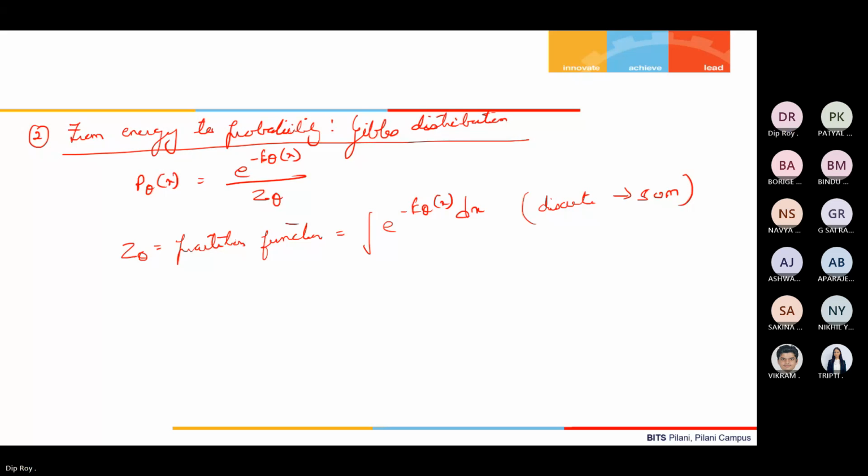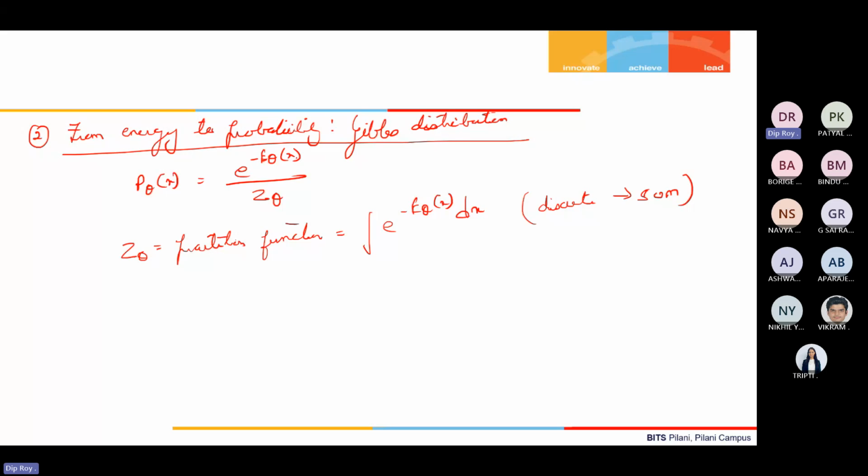A few crucial properties here that you need to remember, and we talked about them last time: why are we using this form, e to the power minus E theta of x?